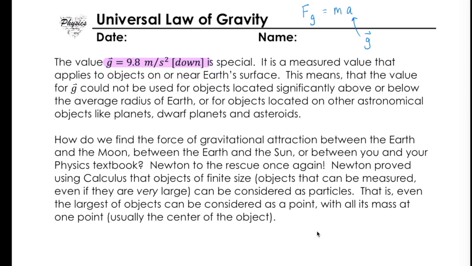If you're not directly on the surface, like at the peak of a mountain, or skydiving, the acceleration of gravity might be slightly different. So how do we calculate this gravitational force, this attraction between different objects, if we don't have the constant acceleration?